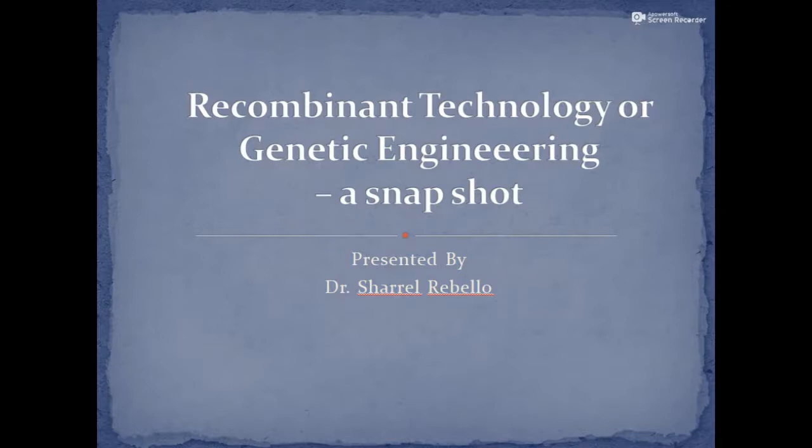or genetic engineering. If you look at the term recombinant DNA technology, it's quite understandable that we are trying to make a recombinant. That is, we are taking different things and making a combination. And of course, when you say recombinant DNA technology, it implies that you're taking DNA and trying to prepare a recombinant.